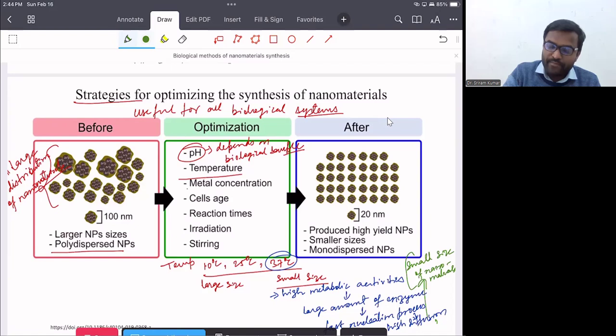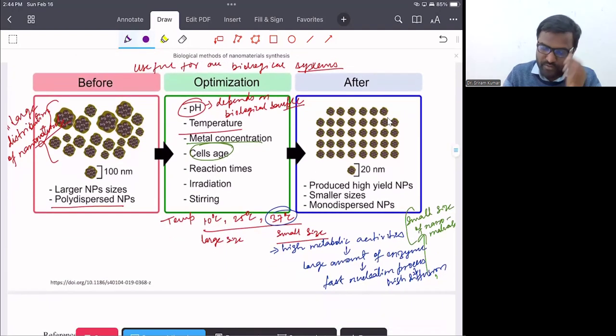We have other important parameters, such as the metal concentration, and most importantly the cells. There is a huge effect of the cell stage, so the cell stage is a very important parameter.